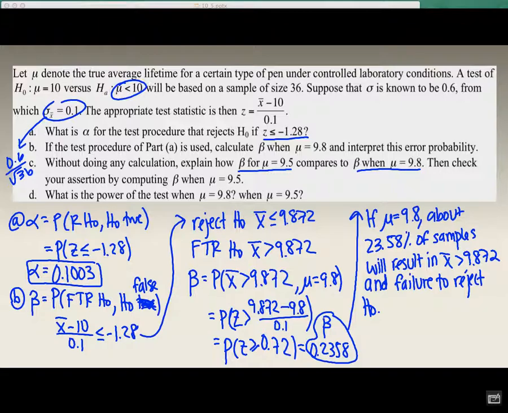Which one has a bigger discrepancy? 9.5. Which one has a higher power? 9.5. Which one has a higher beta? 9.8. So 9.5 is going to have a higher power, which in turn means that it's going to have a smaller beta. This one is going to have a higher beta.